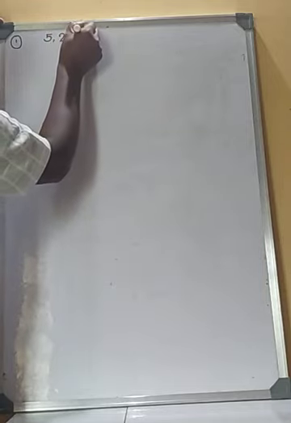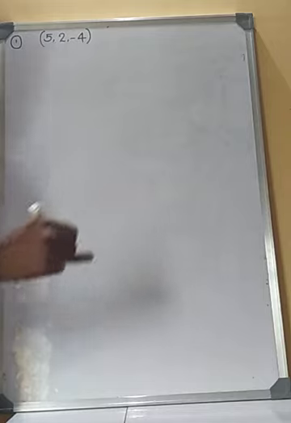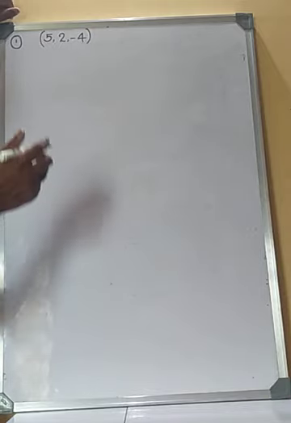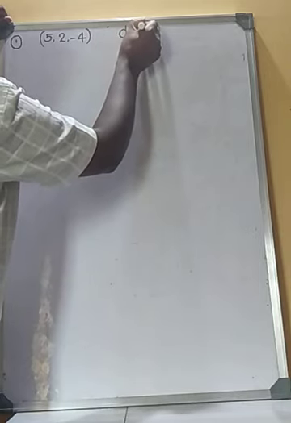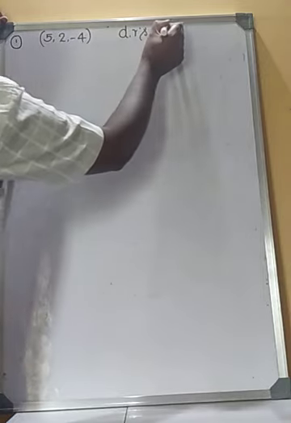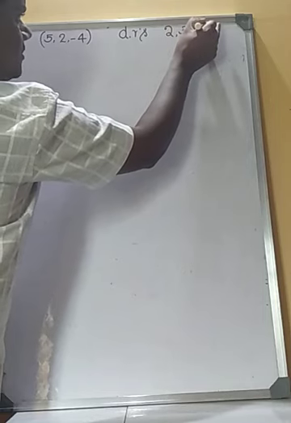Find the vector and Cartesian equations of the plane which passes through the point (5, 2, minus 4) and is perpendicular to the line with direction ratios 2, 3, minus 1.